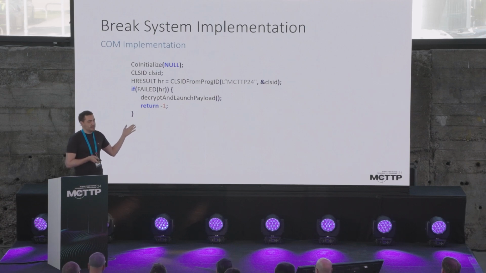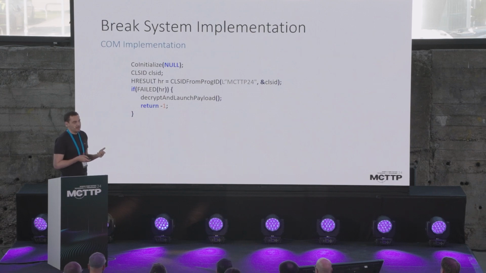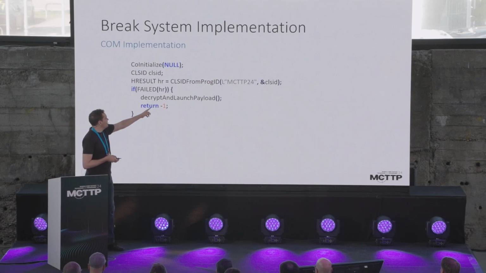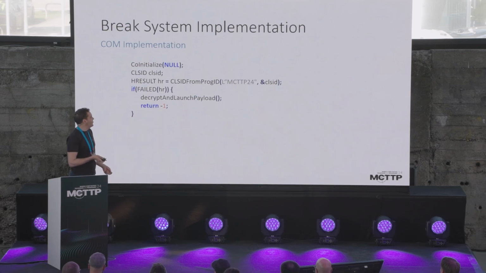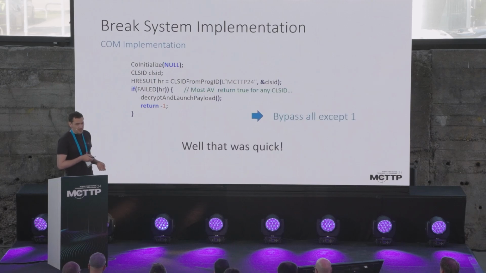So the ID is MCTTP24. Obviously, I don't have this in my registry. But most emulators, since this is so complex, will just always return true for this function. So if you ask for something that does not exist, you only trigger the decryption of the payload if it returns false. And this bypassed all antivirus except one.